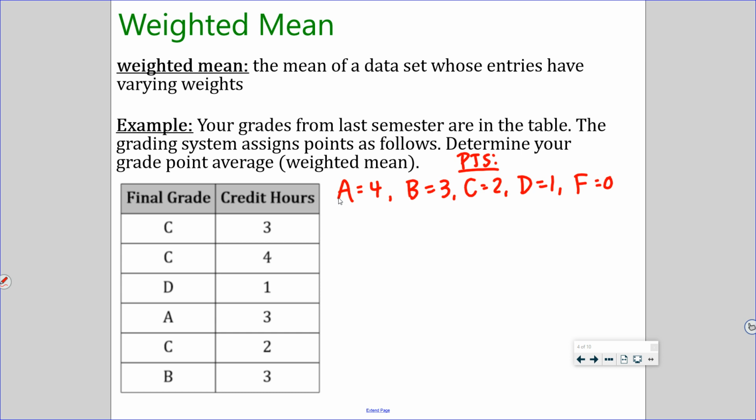So to calculate your weighted mean, a little formula you can write down for X bar for this mean is you want to take the sum of the products of the entries and weights.